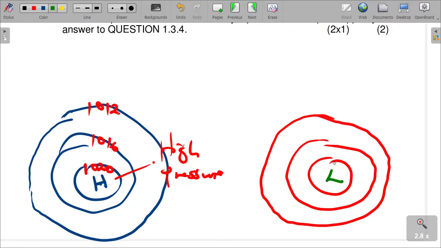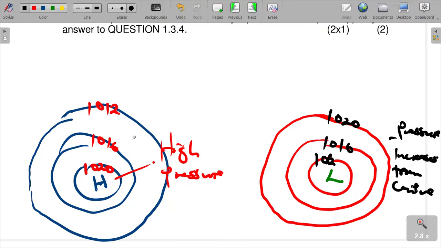Here we have 1012, then 1016, then 1020. In a low pressure, pressure increases as we move away from the center, while in a high pressure it decreases from the center.